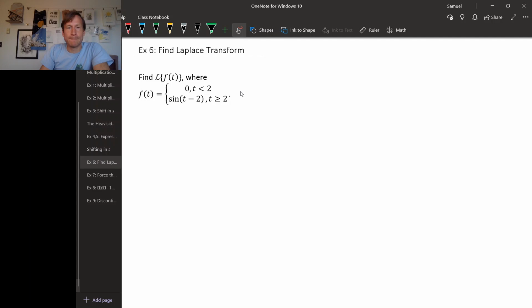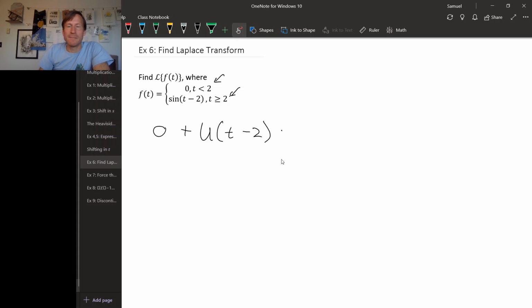So we'll start with the initial character of our function, which is 0. And then at time 2, something changes. So we have to have a step function that turns on at time 2, and that's u of t minus 2.